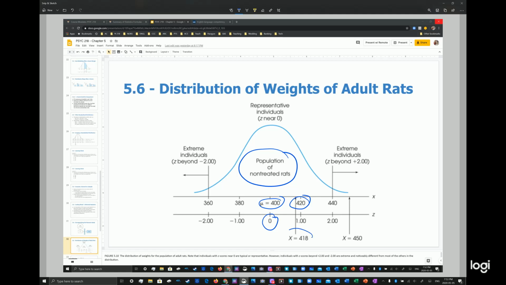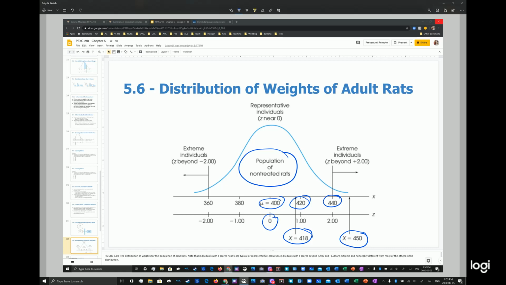But the concept applies. So once we're able to start measuring the distribution in standard deviations, then we're able to look at any individual and say whether that particular individual, that person or that rat here, is very extreme.